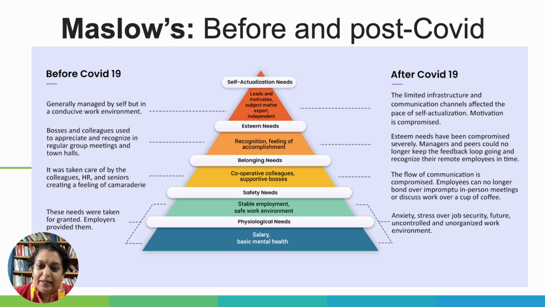More so, things at the top rung, that are usually our most overarching needs, were really shaken during COVID, and people had high levels of anxiety, stress, job insecurity, and unstable environments. This meant managers needed to be really cognizant of the needs of their team, the needs of themselves, and how to manage this better.